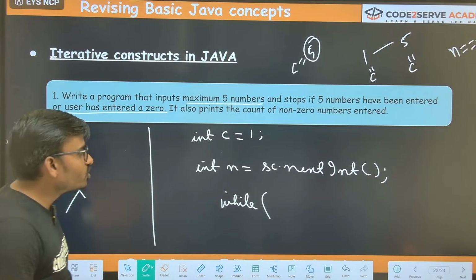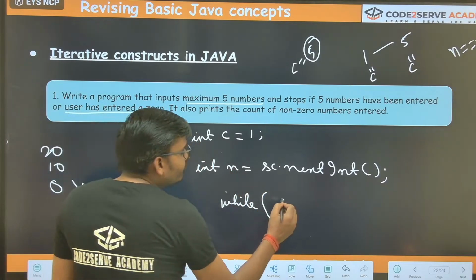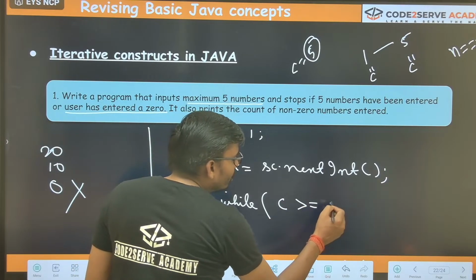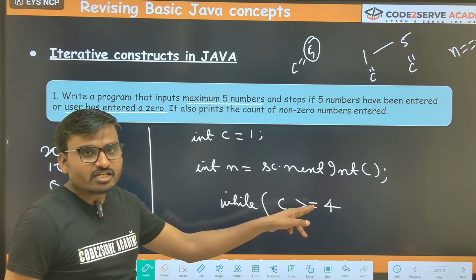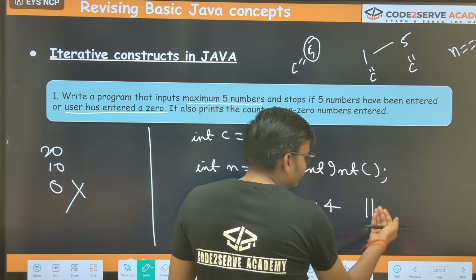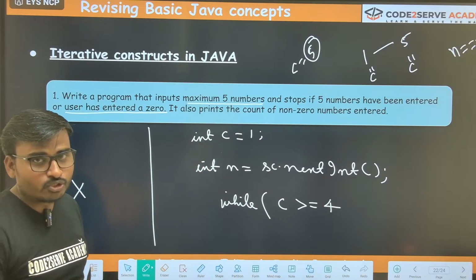So you will check if c is greater than or equal to 4, because you have already taken one input, so both conditions should be matched, then only you are allowed to go inside the loop.